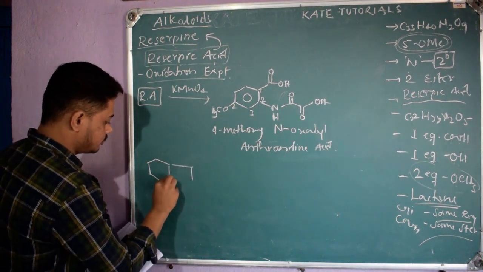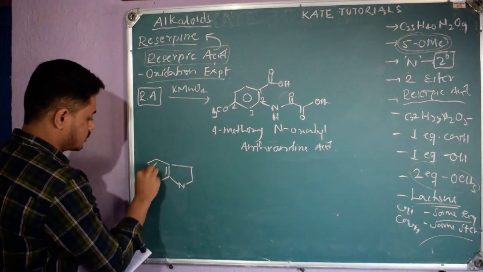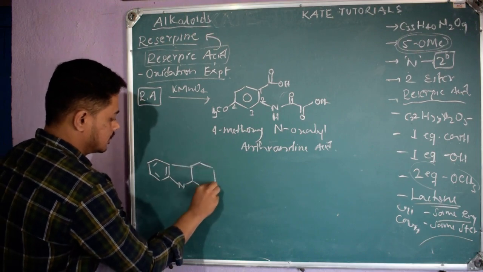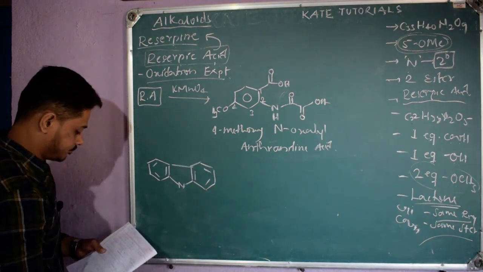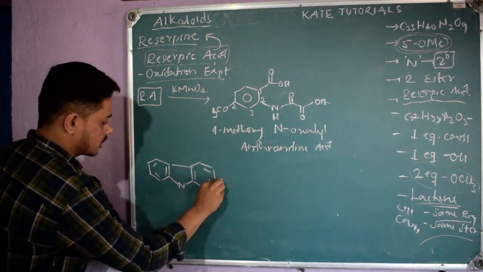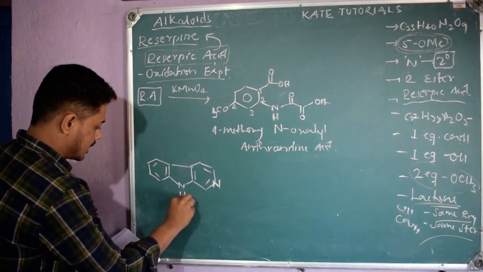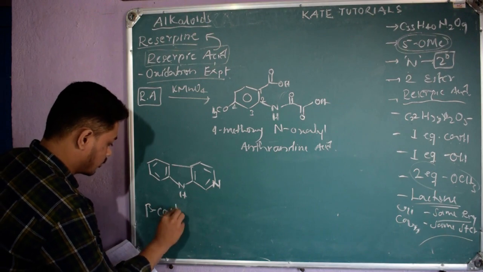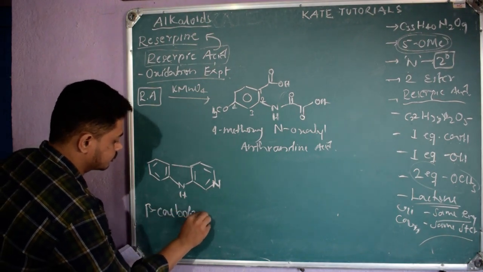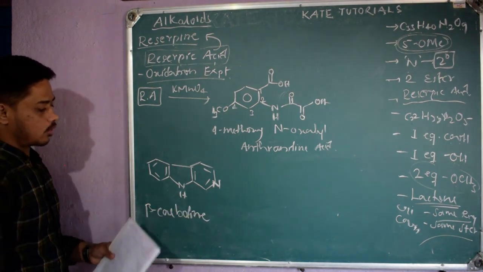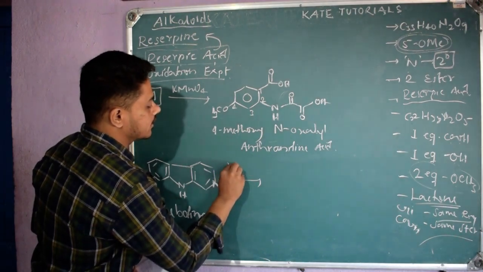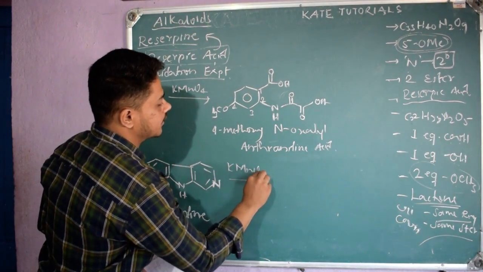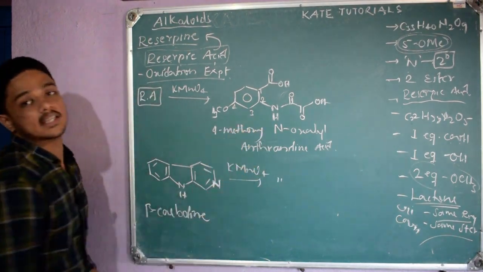See, here also aromatic, this is also aromatic, and here it was nitrogen, and the name of this compound is beta carboline. And they took this compound, they did this KMnO4 experiment, and they got the same kind of result here.